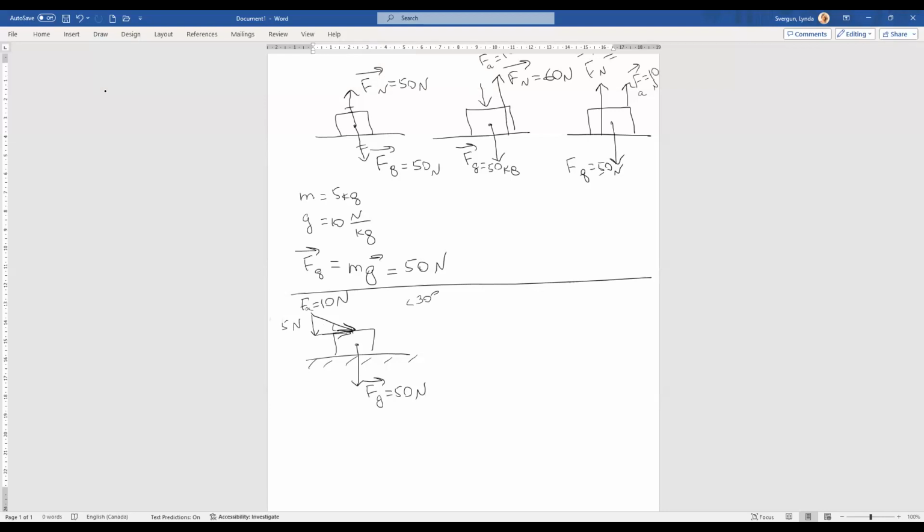So F in the y direction from the applied force is 5 newtons down, and this force is also down. So 5 plus 50 is 55 newtons of force down. So the force of reaction from the surface will be 55 newtons up. So Fn equals 55 newtons.